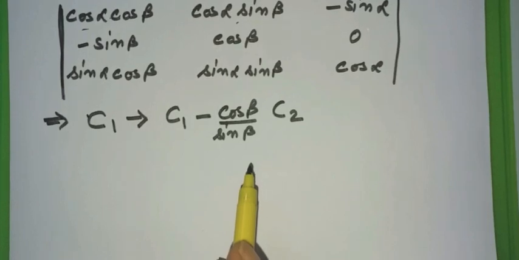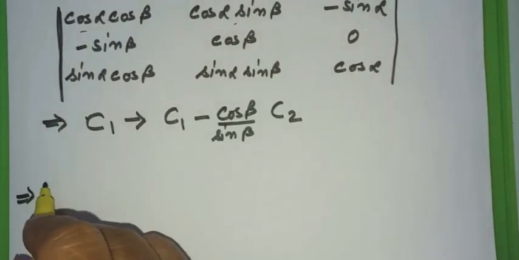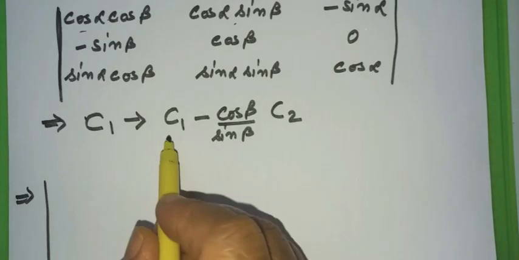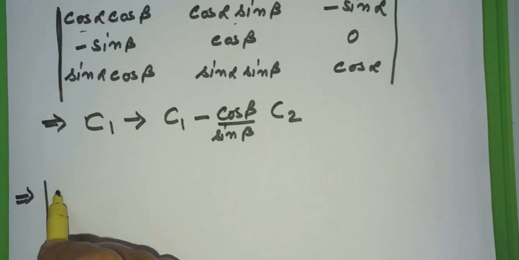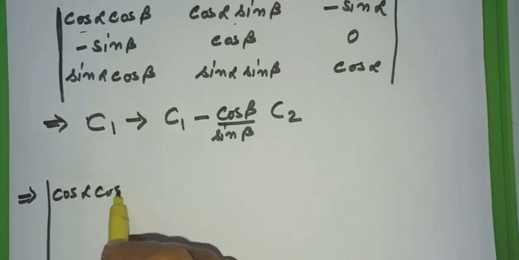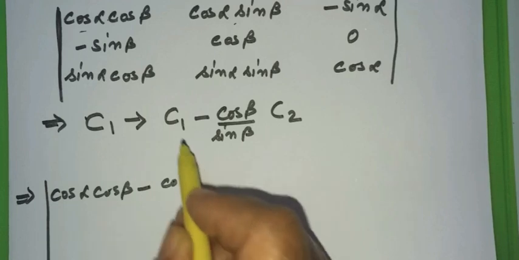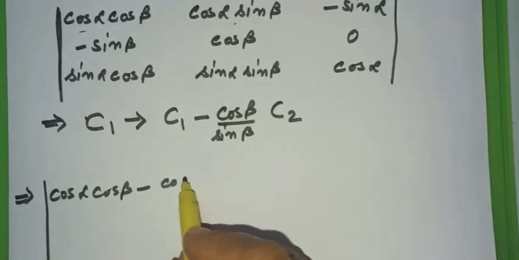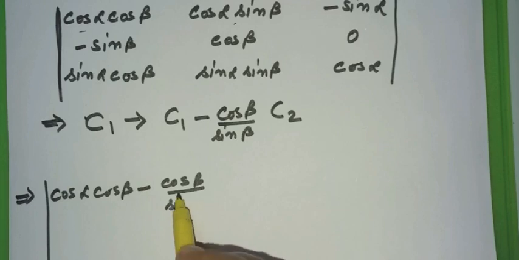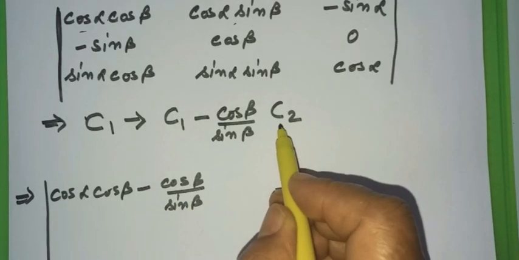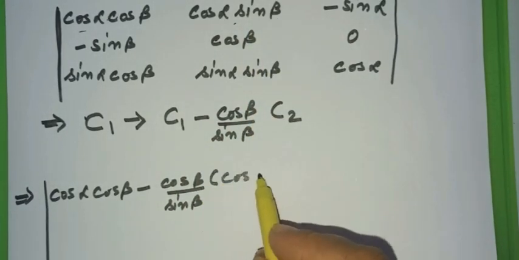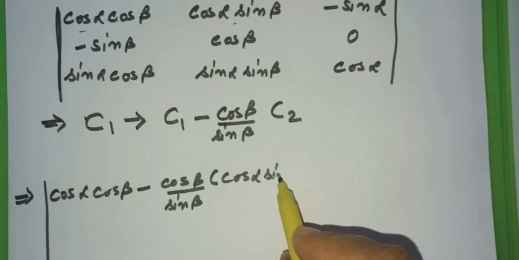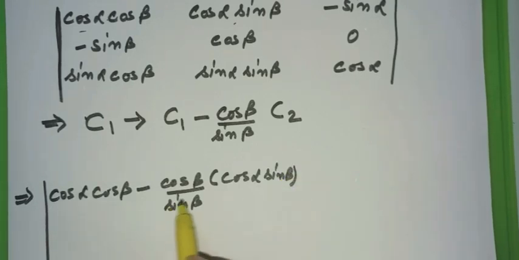So let us apply this operation in the first column. Let me show you elaborately. That means I have to write every element of column 1 as that element, that is cos alpha cos beta, minus, C1 means element of C1 minus cos beta upon sin beta times the element of C2, and the element of C2 is cos alpha sin beta. So I write here cos alpha sin beta. This whole is the first element of the first column.